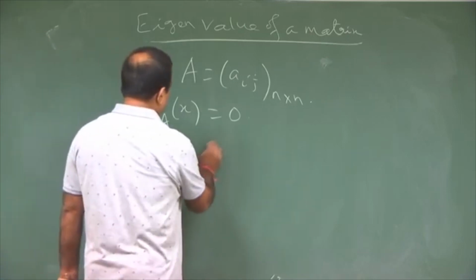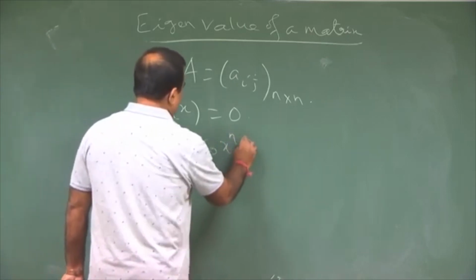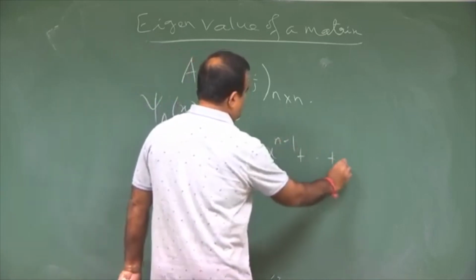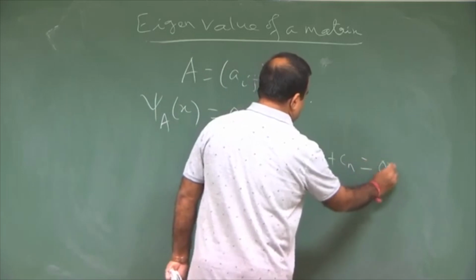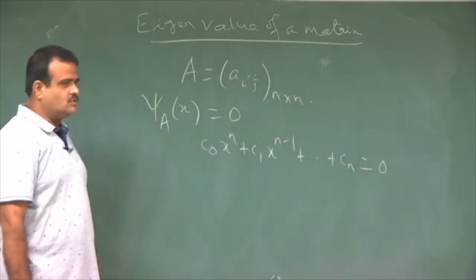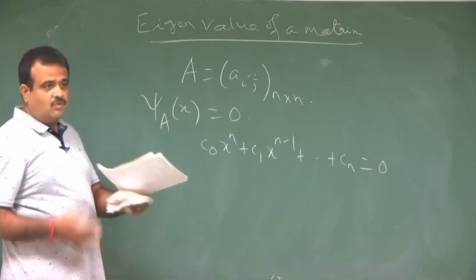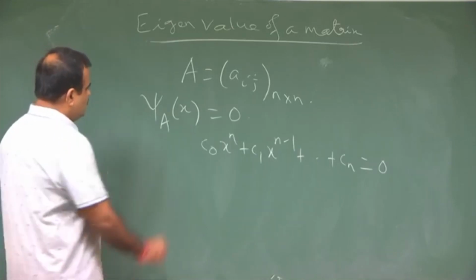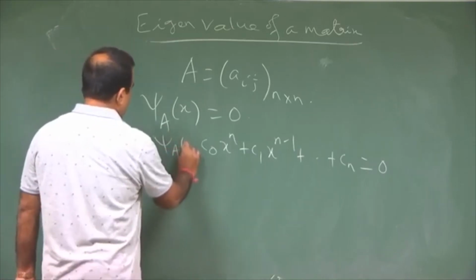So, this is C 0 x to the power n plus C 1 x to the power n minus 1 plus dot dot dot plus C n equal to 0. This is the n degree equation, so it has n roots, maybe some roots are equal, if multiplicity is there. This is our phi A of x.